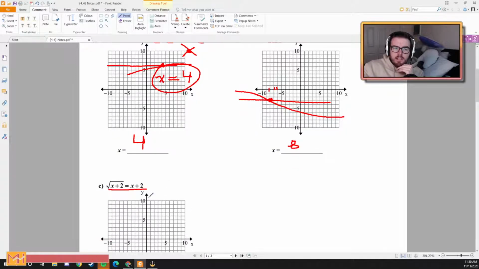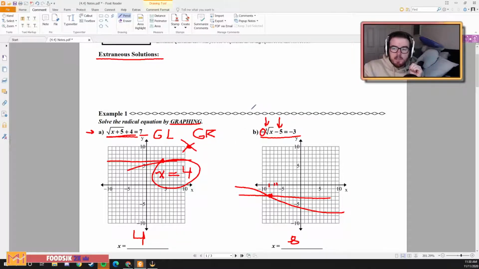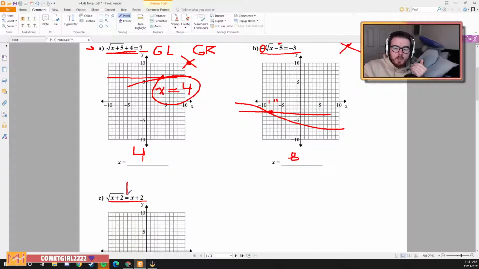I think this one's going to intersect twice, if I remember correctly. So again, keep it simple, people. Don't get stressed. You graph the left side, you graph the right side. Where do they intersect? That's your solution. That's all we got to do. Because that's what equals means, right?